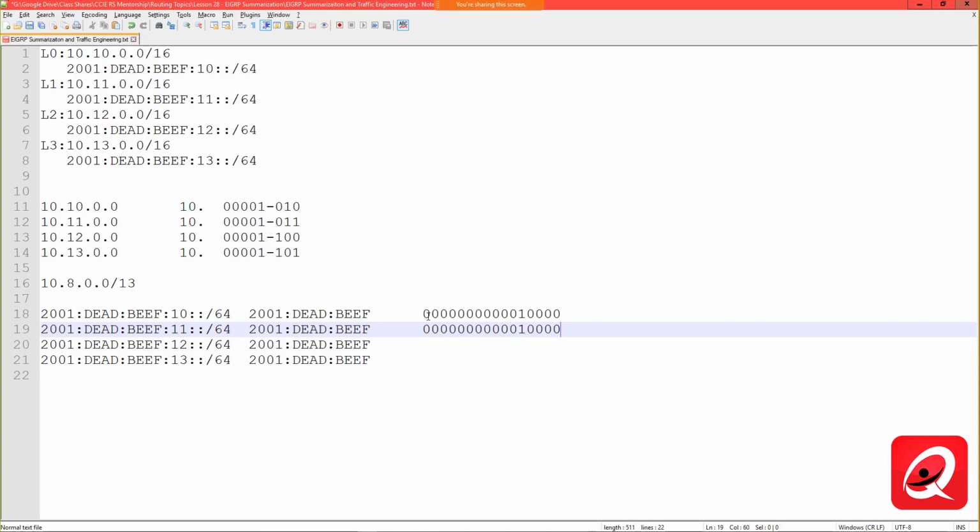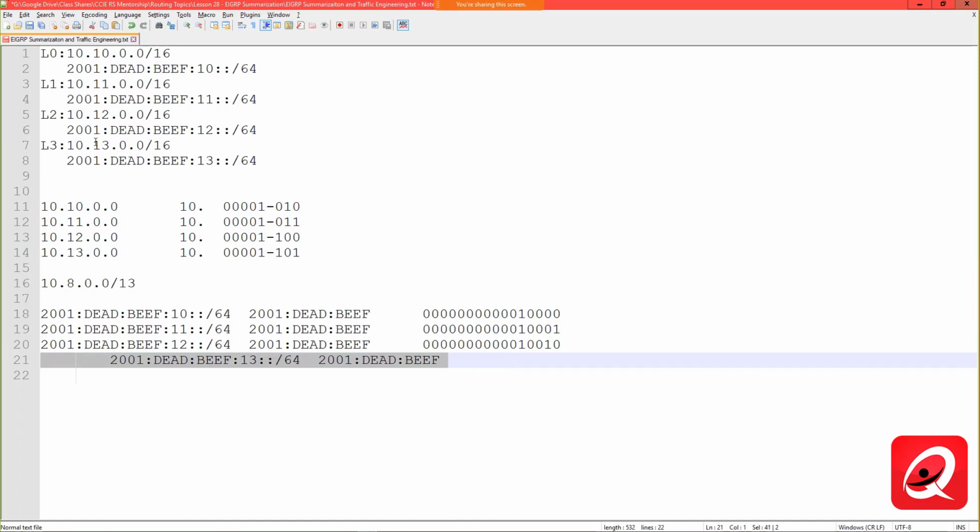Because again, it's not 11 in hex, it's actually a 1, 1 technically in hex. Same thing here, this would be a 1, 0. And then finally, the 13 would be a 3, so it would be a 1, 1.